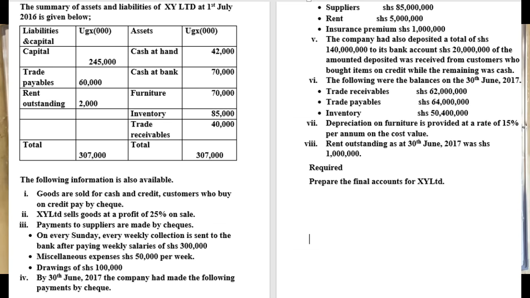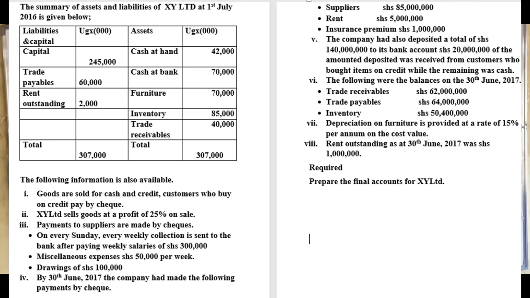The following were the balances on the 30th June 2017. Trade receivables, which is 62 millions, trade payables of 64 millions, inventory of 50,400,000. Depreciation on furniture is provided at a rate of 15% per annum on the cost. Rent outstanding as at 30th June 2017 was 1 million. Required: prepare the final accounts for XY Limited.